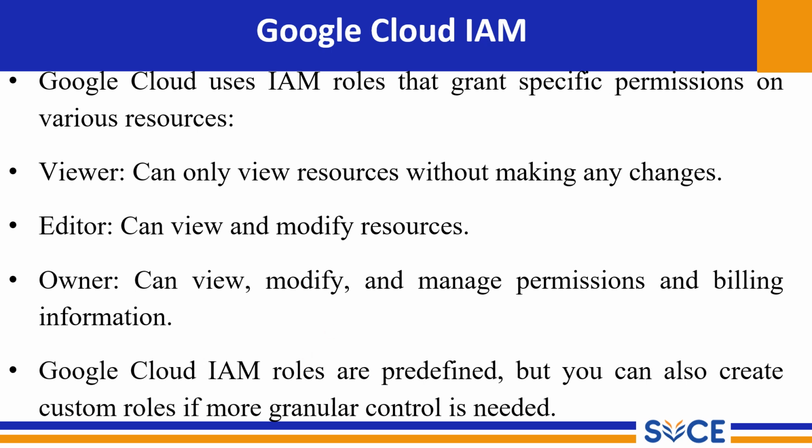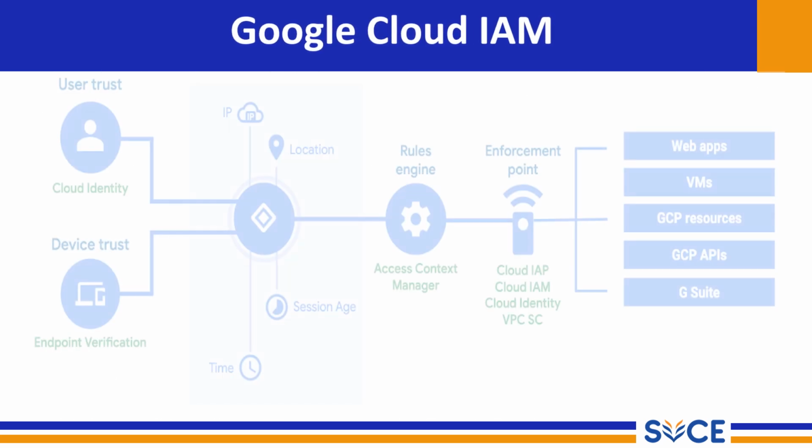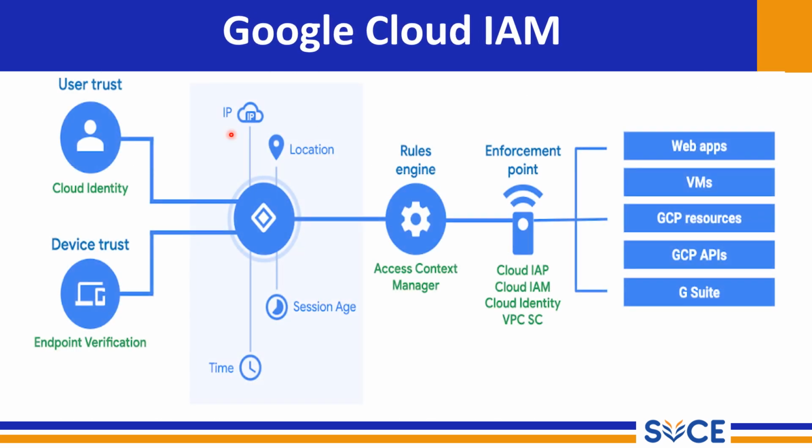Okay, so we'll see the specific diagram in this regard. Here in Google Cloud IAM, there will be a cloud identity and device trust based on endpoint verification. Based on the IP address, it fetches details of who is accessing and what is happening on those devices.